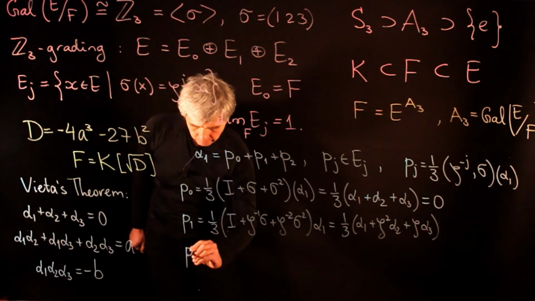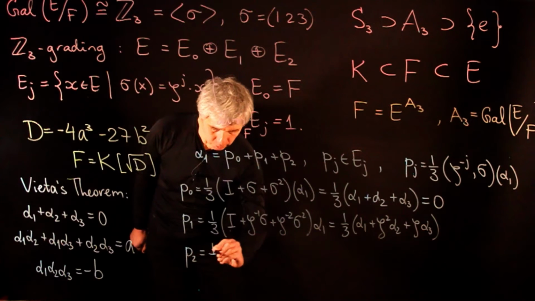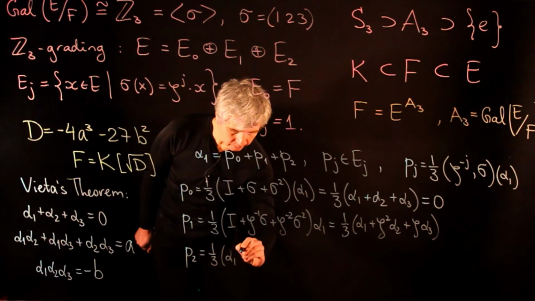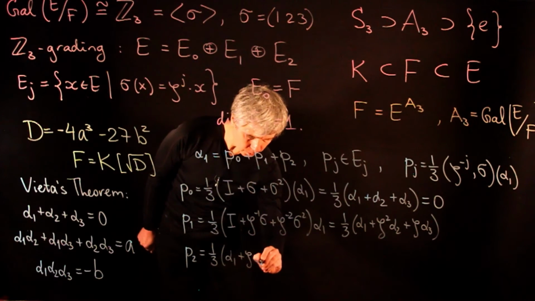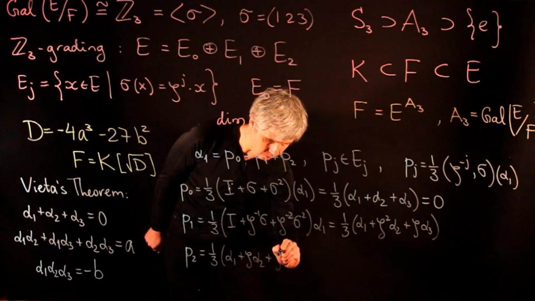And similarly, P2 will be 1/3 of alpha 1 plus zeta alpha 2 plus zeta squared alpha 3.